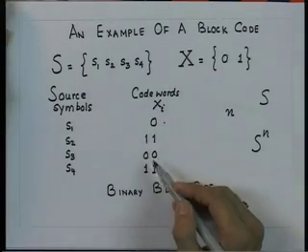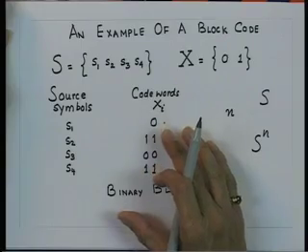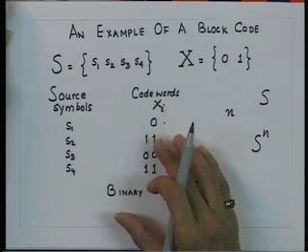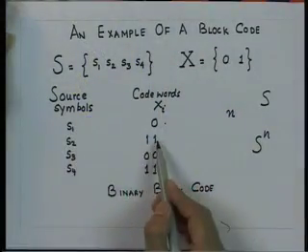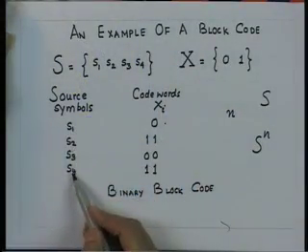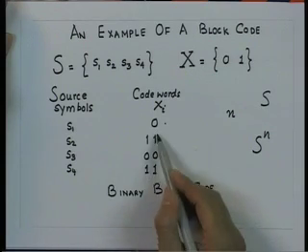Now if you want to really use this code in a practical situation, there is some problem. The problem is that if you look at the code words for the source symbol S2 and S4, they are identical.